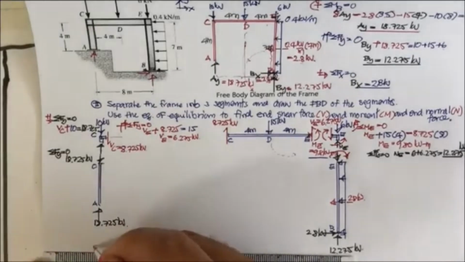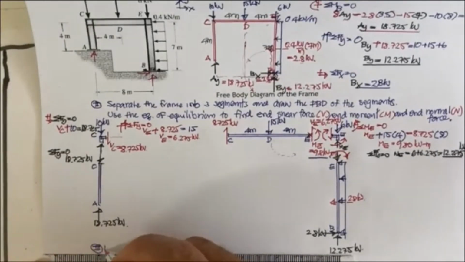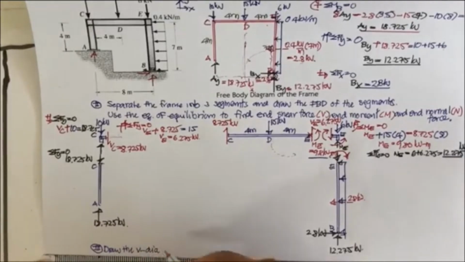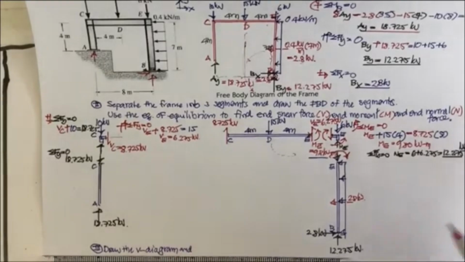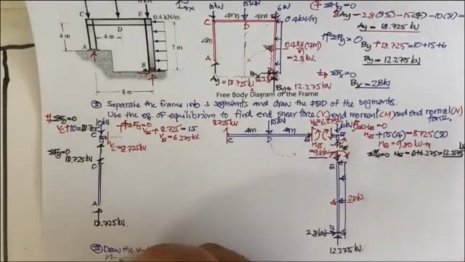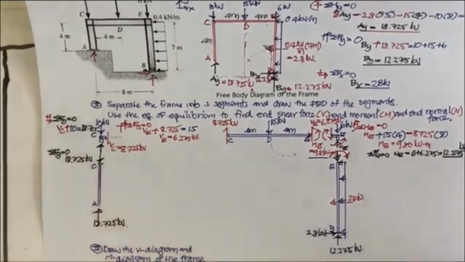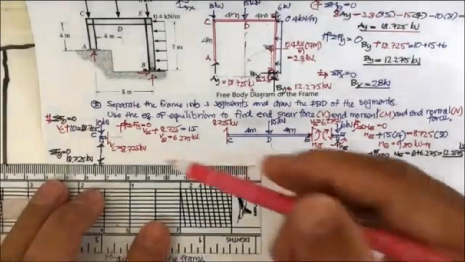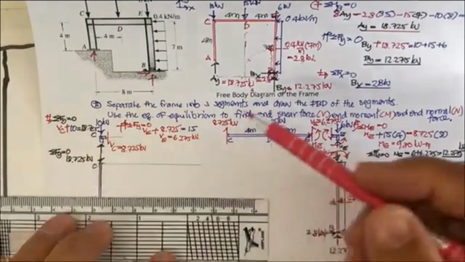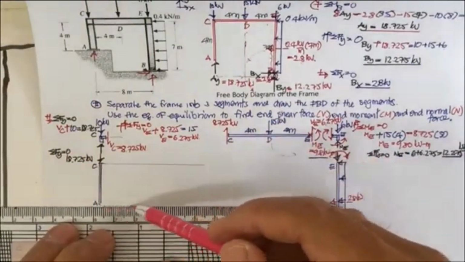And the last one, we will draw the shear diagram and moment diagram of the frame. Okay. By doing that, we're going to draw the diagram by member.